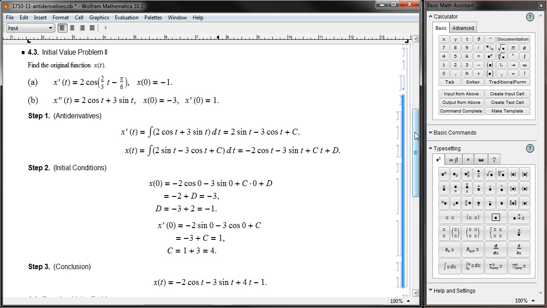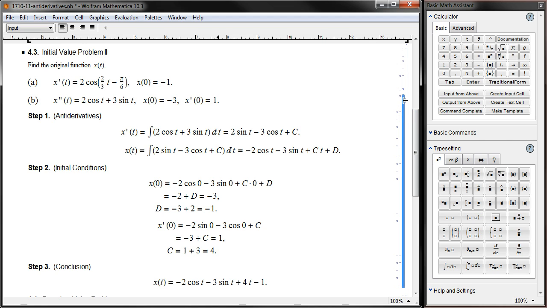This, by the way, is very, very useful and important in physics. This one is related to harmonic oscillation, and this one is the initial position of that oscillator, and this one is the initial velocity of that oscillator.